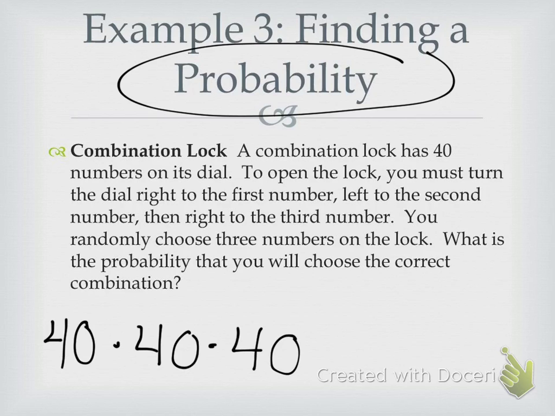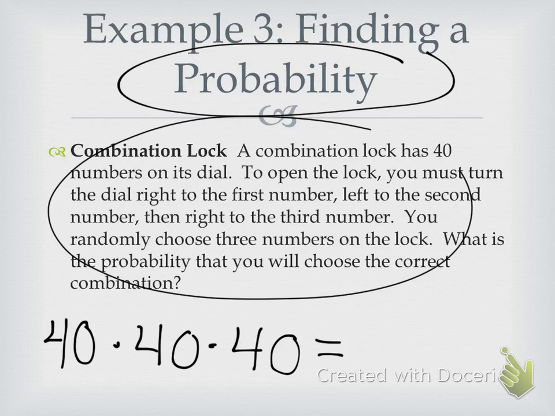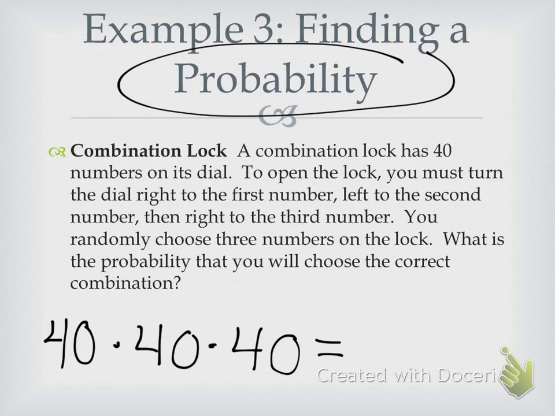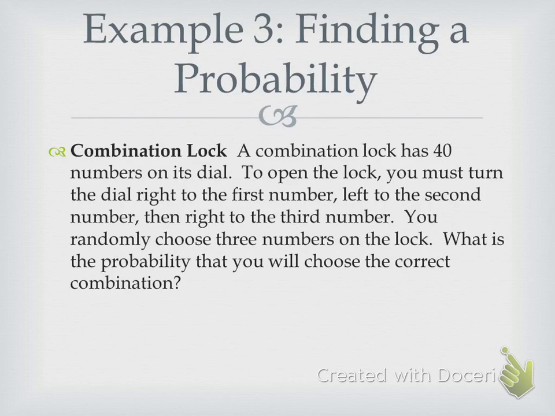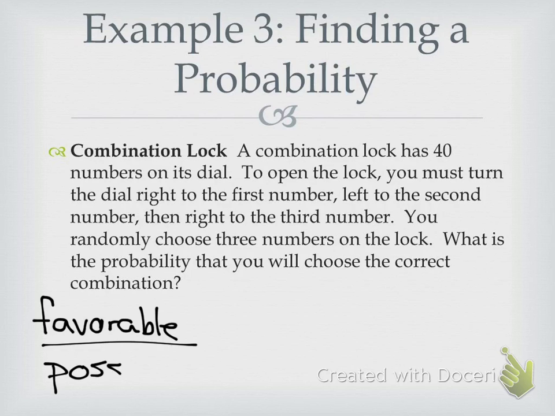Nothing in this word problem tells me a total. To find probability, I have to have a total. What is the total? 64,000. Okay, write it in your notes. Now that I have a total, remember the formula for probability: favorable over possible.